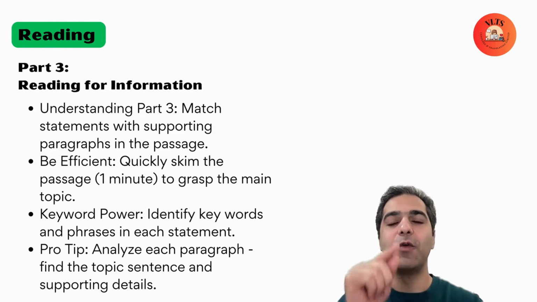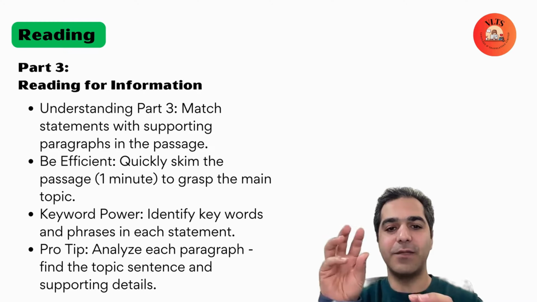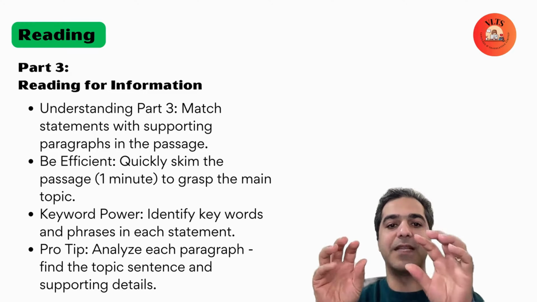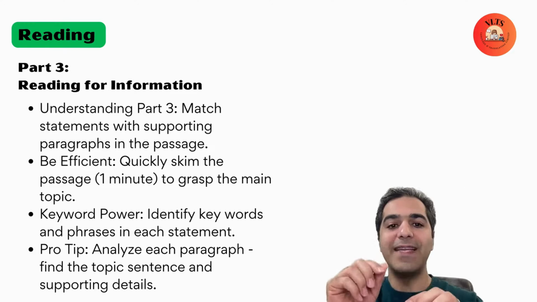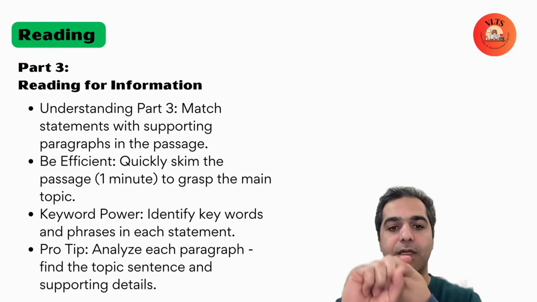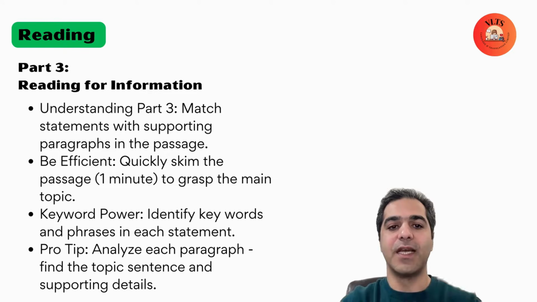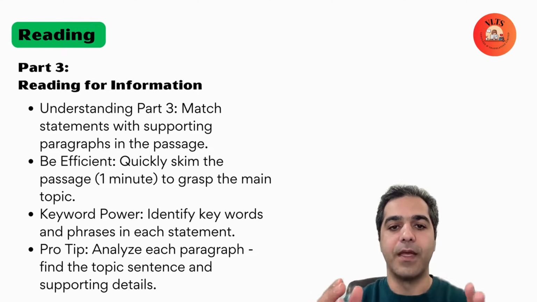In part 3, your mission is to match each statement with the paragraphs in the passage that best support it. It's all about finding a connection between information. Time is precious, so let's be efficient. In the first minute, skim the entire passage to grasp the main topic.